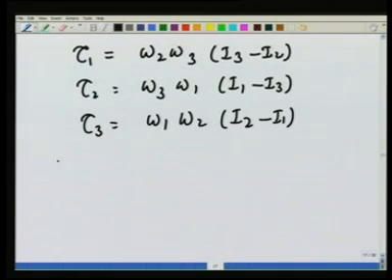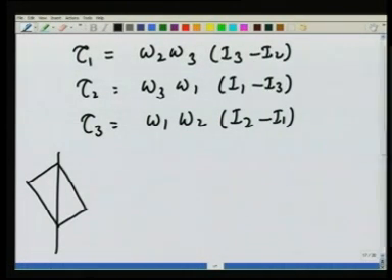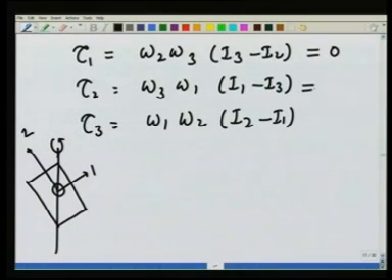Again recall, this is what we are talking about. This is the way the rectangle is. Since omega is this way, this is 1 at this point, this is 2, 3 is this way, omega 3 is 0, so tau 1 comes out to be 0, tau 2 comes out to be 0.